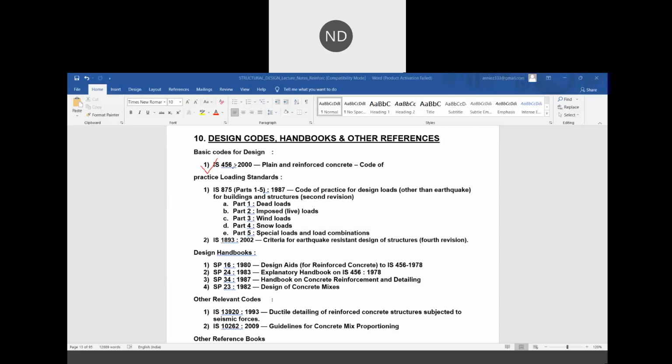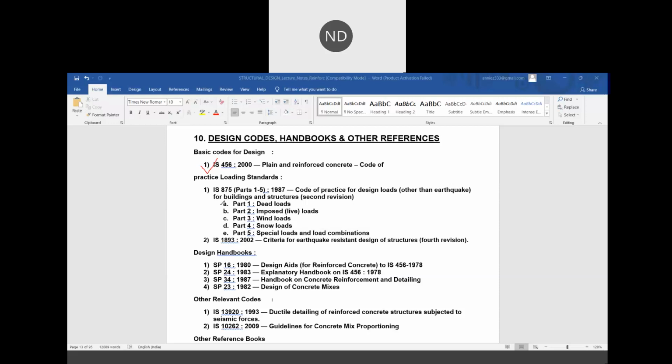All the things regarding plain and reinforced concrete are mentioned here: the specifications, what size you have to take, how much reinforcement, what diameter, what clear span, and what types of materials we use in plain cement concrete and reinforced concrete. All those things are mentioned in IS 456 2000.